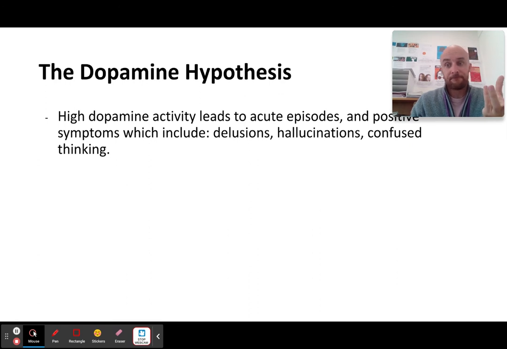Now, high dopamine typically leads to positive symptoms, hallucinations, delusions, for example. If I give you loads of dopamine, so for example, if you were to take some recreational drugs which basically flood the brain with dopamine, you do actually see people have delusions, you see people have hallucinations.